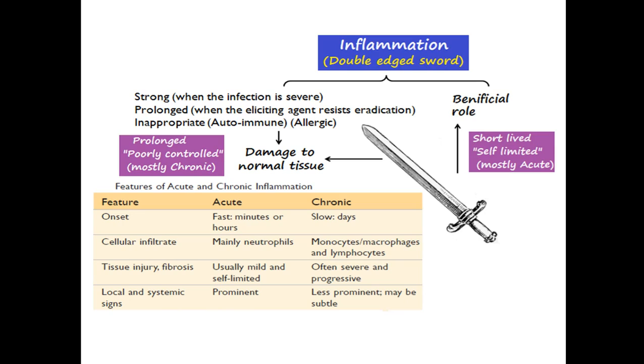In acute inflammation, the onset is fast. Usually it takes minutes or hours. In comparison, in chronic inflammation, the onset is slow. It may take days and months.